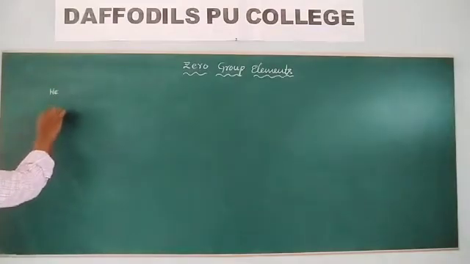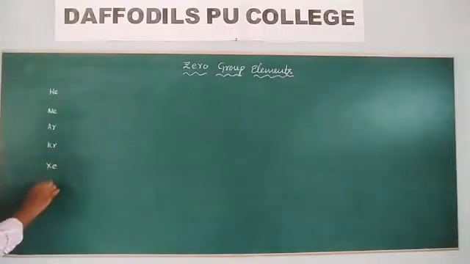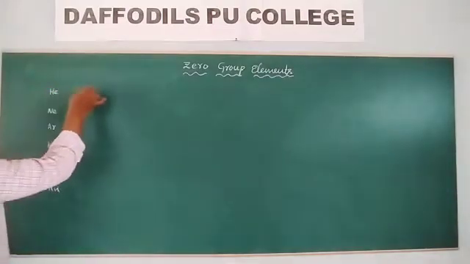Helium, neon, argon, krypton, xenon, radon. These are called the zero group elements.